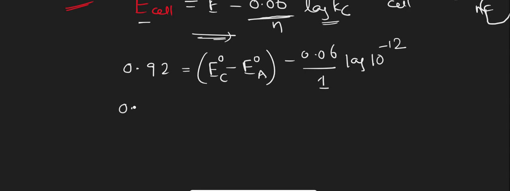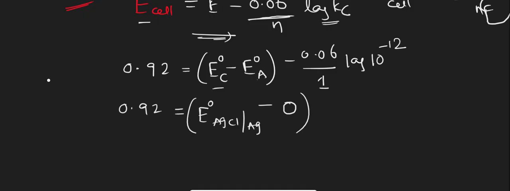Clear? Now 0.92 equals E cathode. I already explained that the cathode is nothing but the silver electrode potential on the right-hand side, minus E anode. On the left-hand side, the anodic reaction is observed using the standard hydrogen electrode. That means the standard hydrogen electrode potential is 0. Here I'm writing E anode naught is nothing but the standard hydrogen electrode.